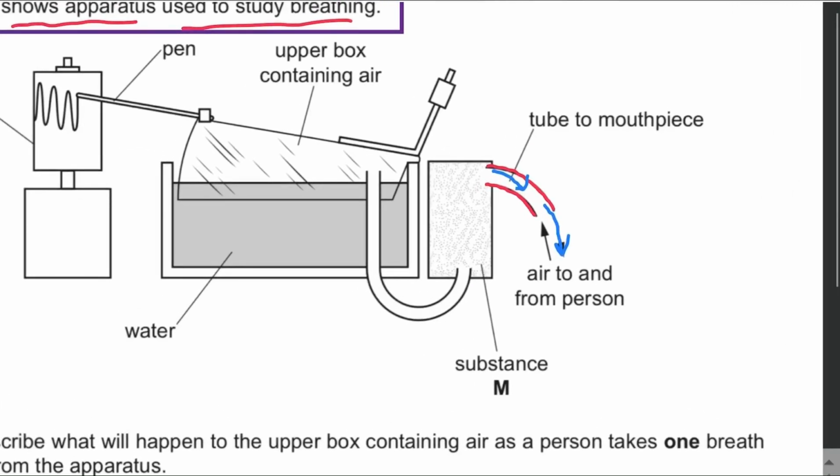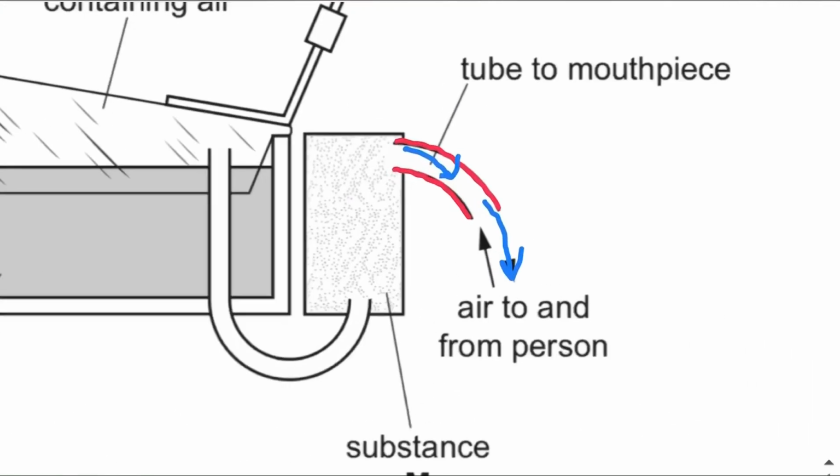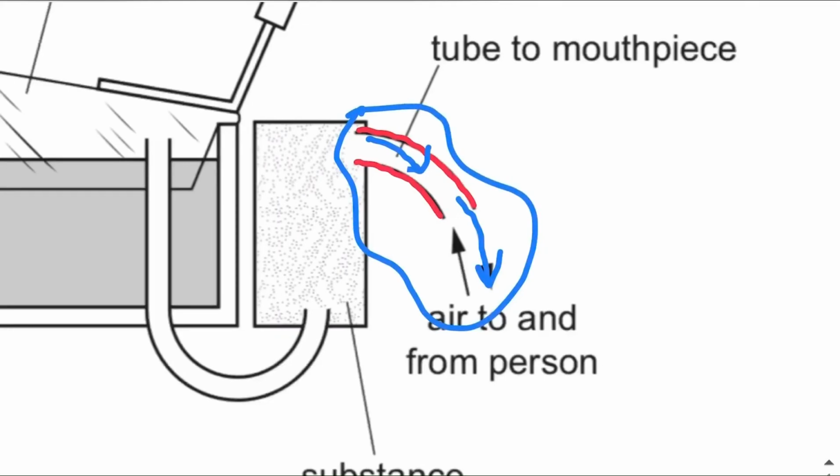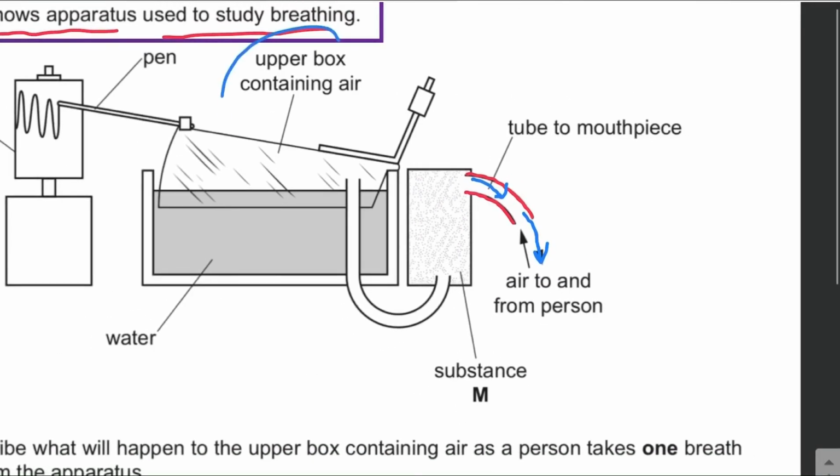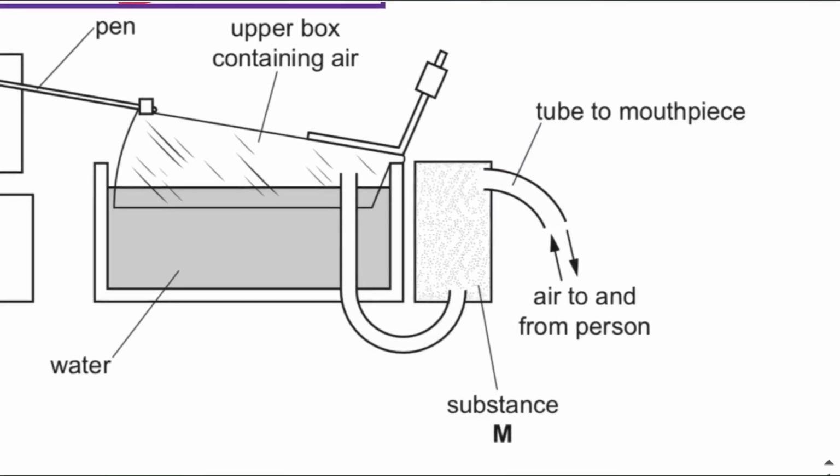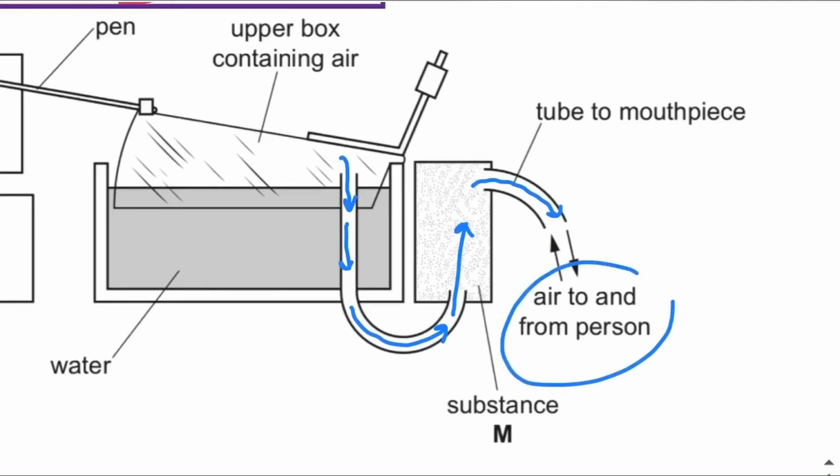When the air is flowing out of this tube, the air is actually coming from the upper box. We can see that the upper box contains air. When a person is breathing in, the air goes from this upper box into this tube, moves along this tube, and comes out of this tube and into the person's mouth, right?